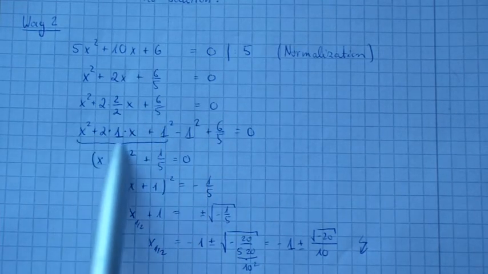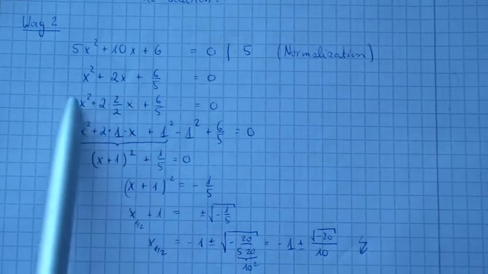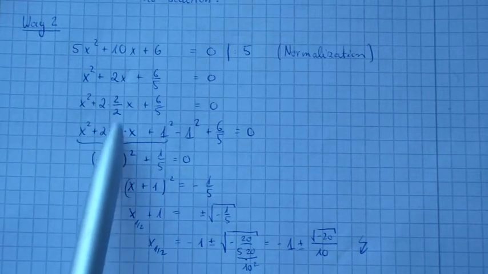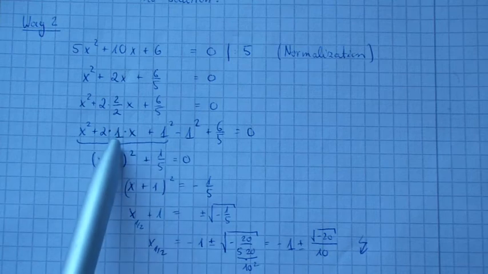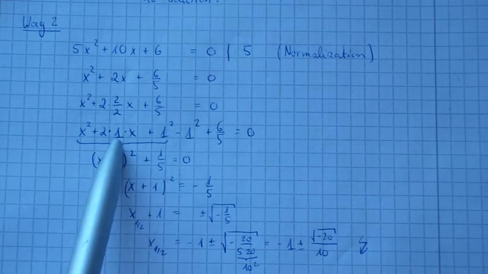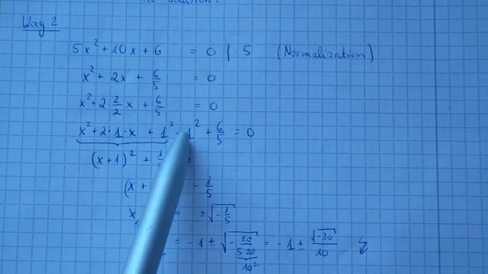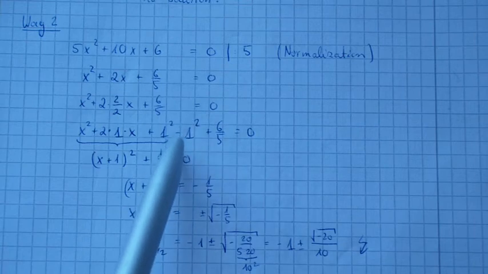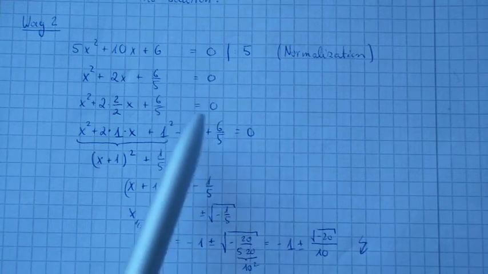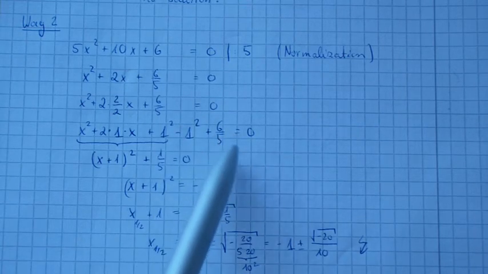Now we see that this part above will just give you x squared plus 2 times 1 times x, and we need to introduce this for completing the square. 1 squared, because it's a balance, you also have to subtract 1 squared. Plus 6 over 5 equals 0.